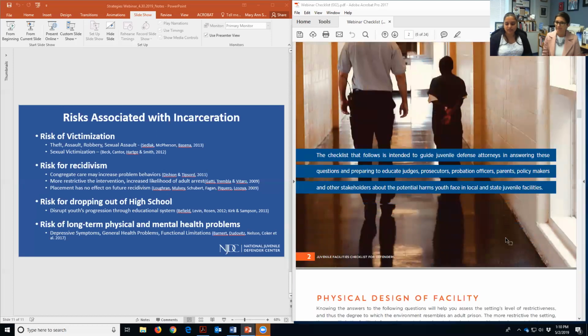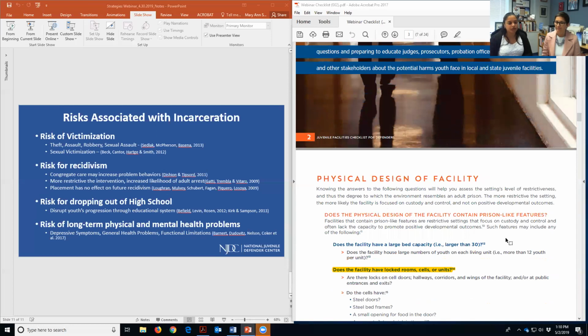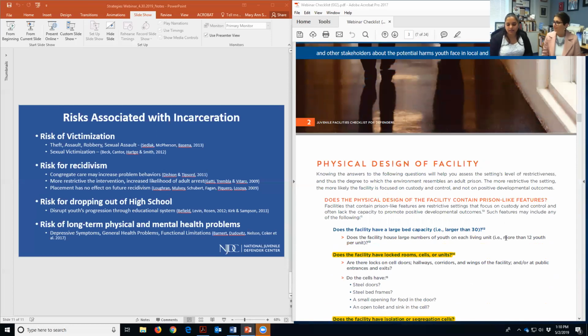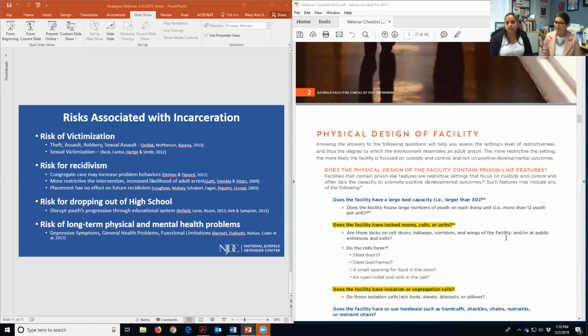We're going to discuss in more detail how the checklist could be helpful in monitoring facilities where your clients are held. And we want to explicitly note that though the checklist was intended for both pretrial detention and commitment facilities, for today's conversation, we're going to focus primarily on pretrial detention issues.